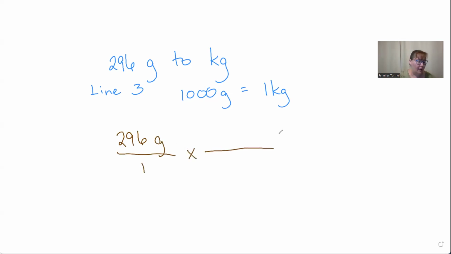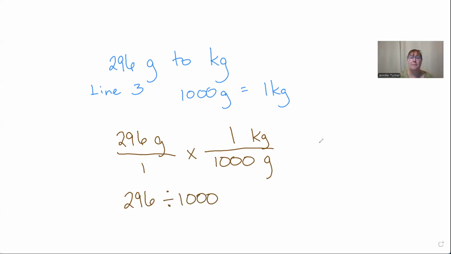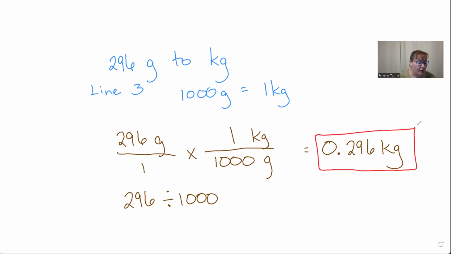Now our grams are here and our kilograms are here, and the 1 goes in front of the kilogram and the 1,000 goes here. The way this is set up, we're actually doing 296 divided by 1,000. When we do that, we get 0.296 kilograms. So similar to what we were working with before.